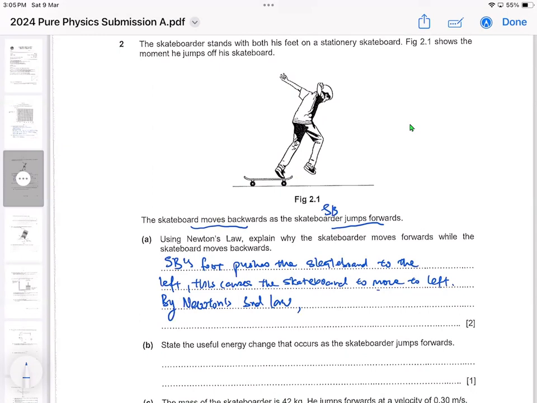So since the skateboard is moving to the left, the skateboard will exert a forward force, to the right.